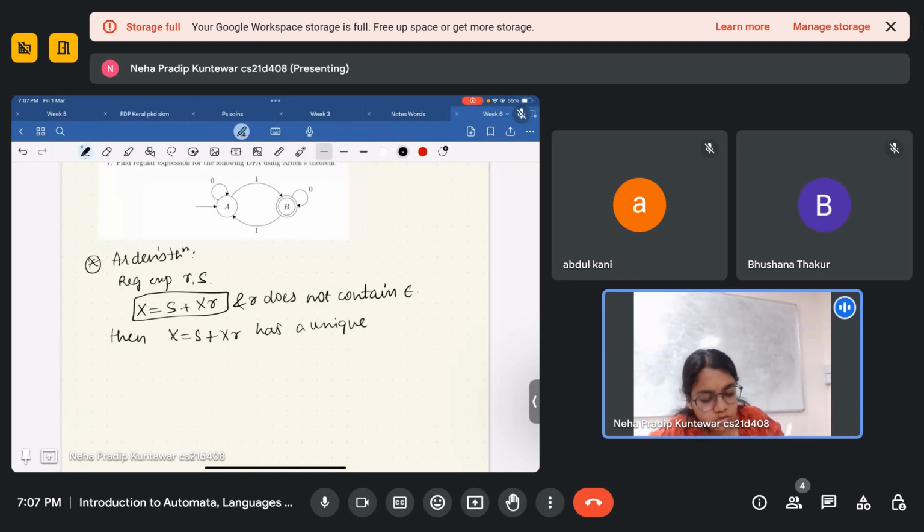The solution is X = S R star. I'm not going into the proof of this because it was already done in the lectures, but we will assume this theorem to obtain a regular expression.